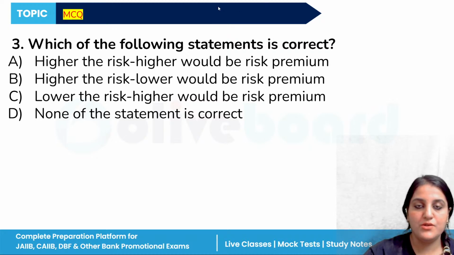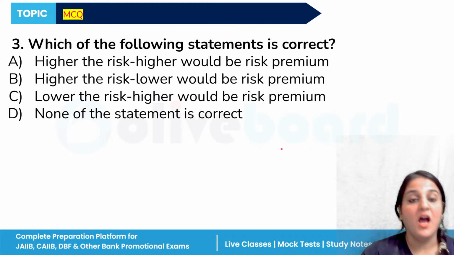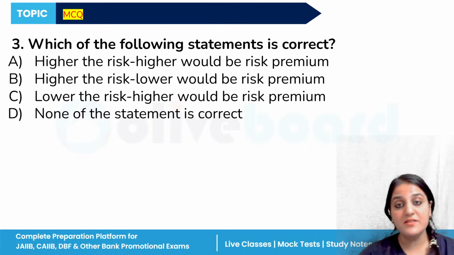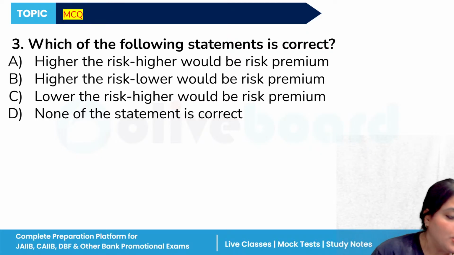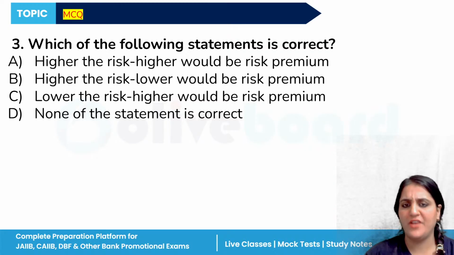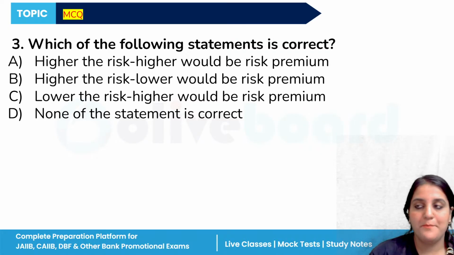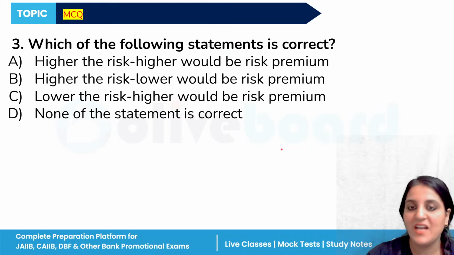See, first option is given here: higher the risk, higher would be risk premium. Higher the risk, lower would be risk premium. Lower the risk, higher would be the risk premium. Or none of the above is correct. Basically, we talk about the correct answer here.